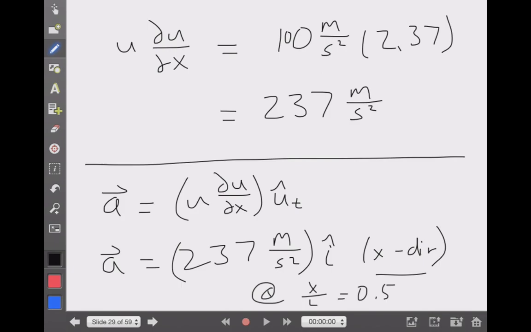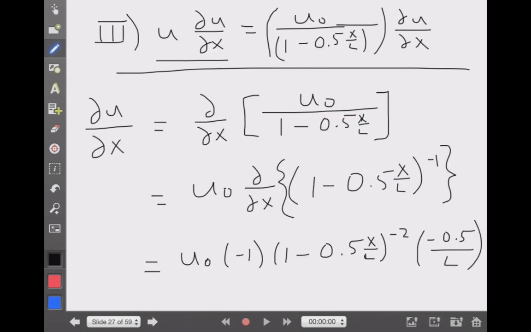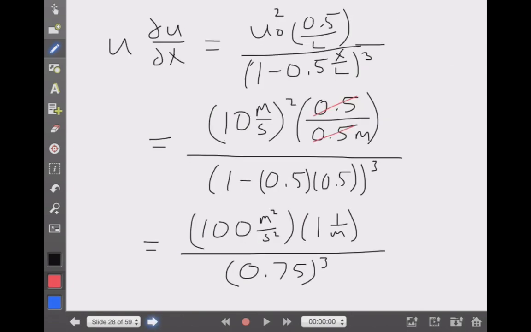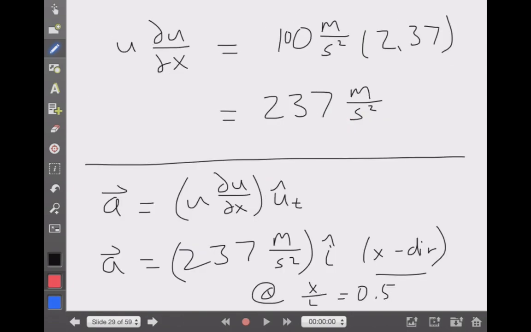Okay, so that's it. And remember that the error in the book is this. They drop a sign, and they get the right answer. The acceleration is in the positive x direction, but there's an error in one of the steps in the book. All right, so that's it for this example.